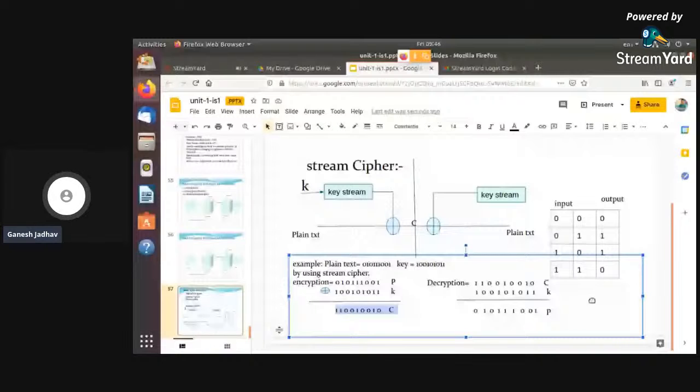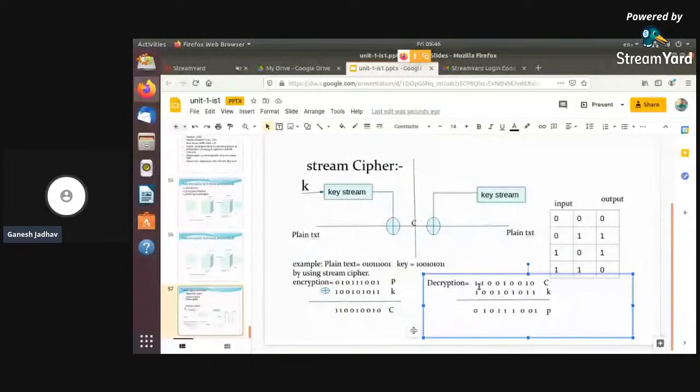So write this ciphertext here, the same one, and write this key as it is. Then do the XOR operation.